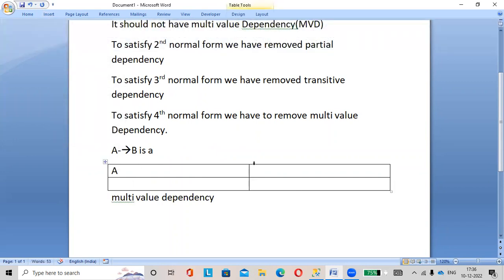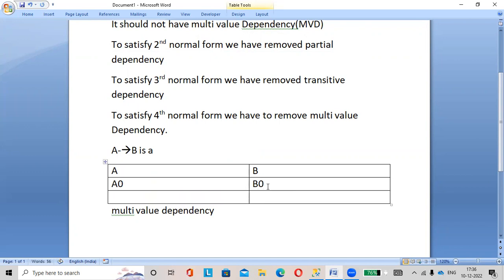See, this is A, this is B. For a single value of A naught, here B naught, B1. For a single value of A naught, B naught, B1, more than one value of B exists.